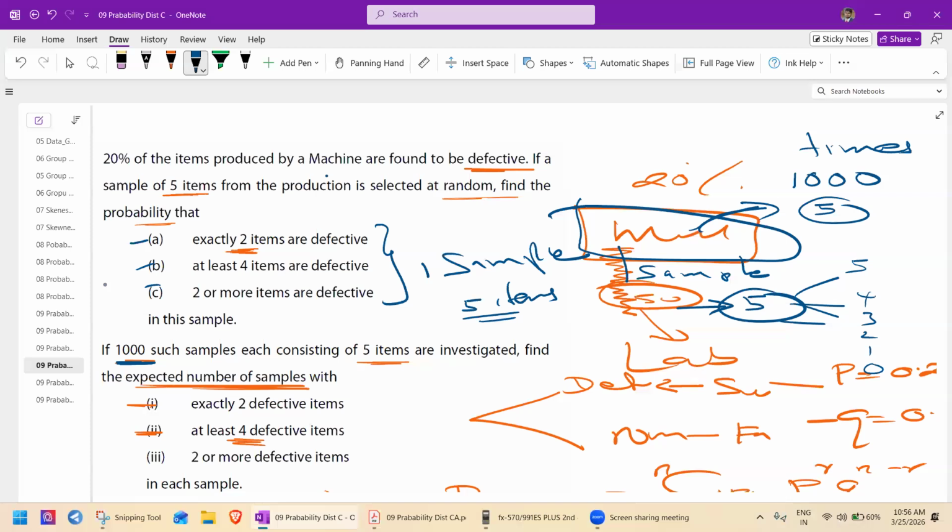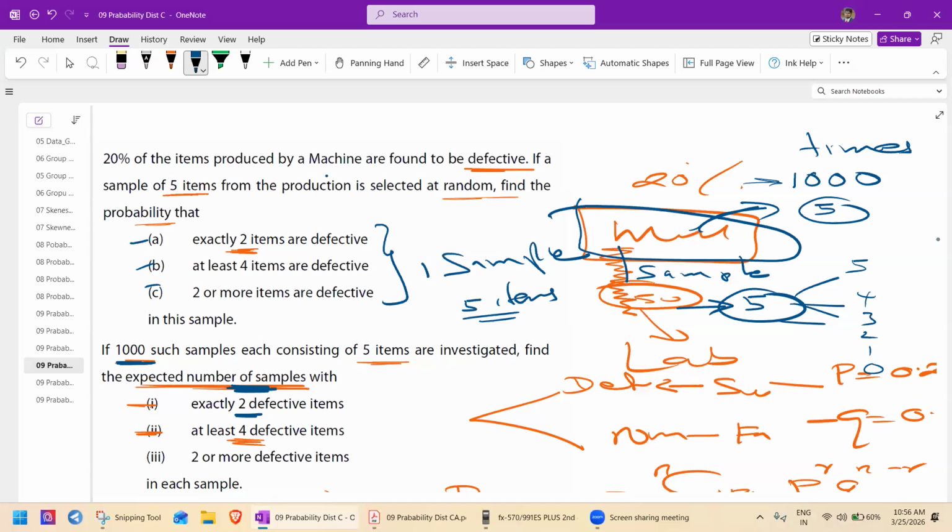Here, we want to find the exact number of samples out of this 1,000. The investigator wants to find exactly 2 items defective. The laboratory technician needs to identify 2 defective items.